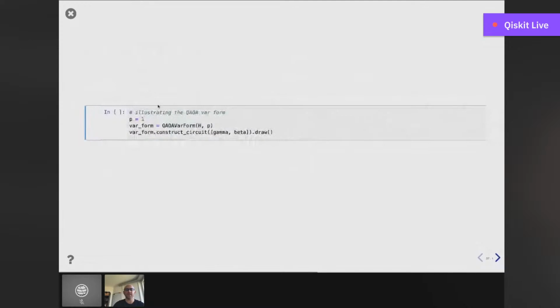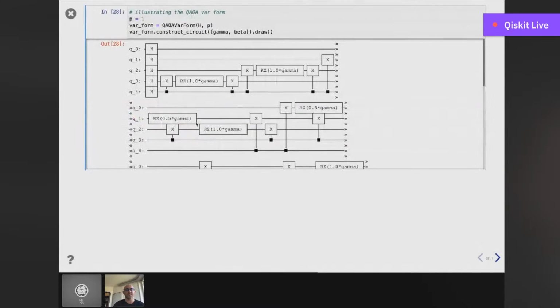Now we want to actually use QAOA. First we quickly look at the resulting circuit. This is again for depth 1, just to make it short, because otherwise it's getting a bit long. So we have the 5 qubits from our 5-node max cut problem. We initialize with Hadamards to get the equal superposition state. Then we have here the quadratic parts.